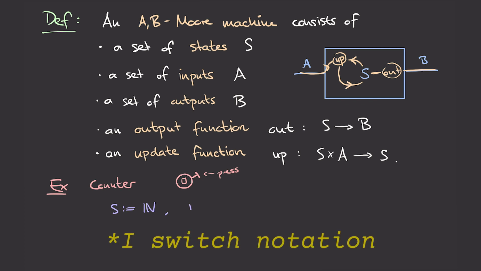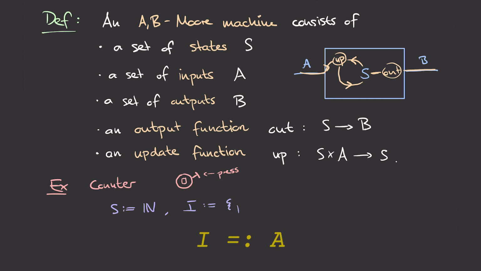Next, our input set will just consist of a single element, which I'll call press, which just allows us to press the counter. We can't do anything else besides pressing it. We can either press it or not. So our inputs will just be this single signal press. And finally, we need to define our outputs. Again, our outputs will be the natural numbers, because the outputs are the number we're displaying on the counter.